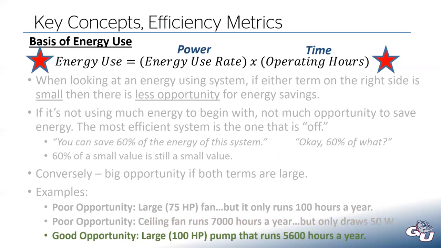But a good opportunity would be a large pump, say 100 horsepower, and it's running a lot of hours in the year, say 5,600. You would look at that pump and say, that looks like a prime candidate for some energy savings.